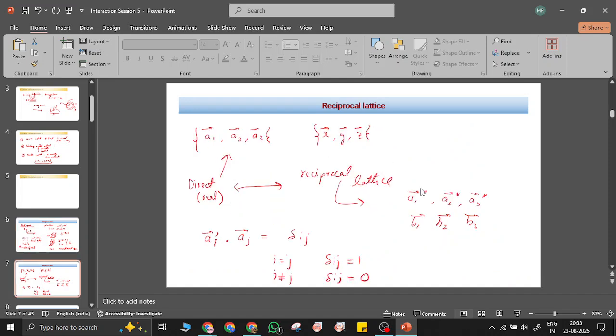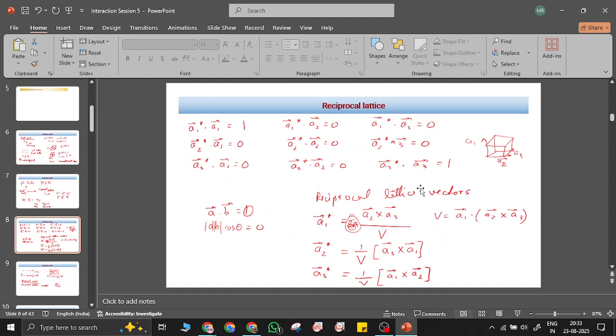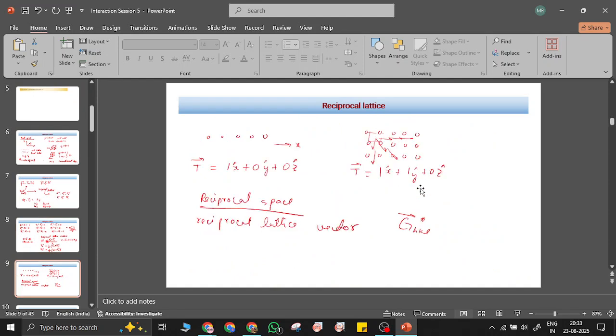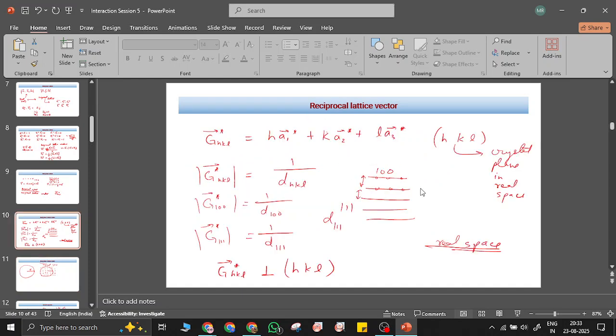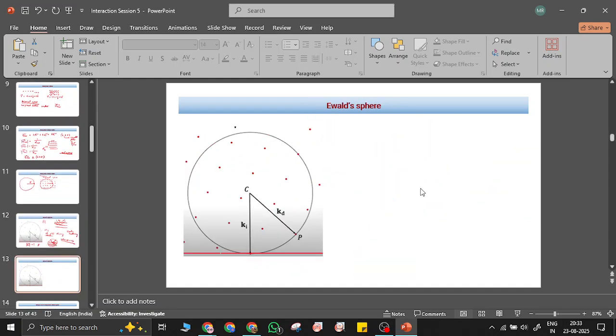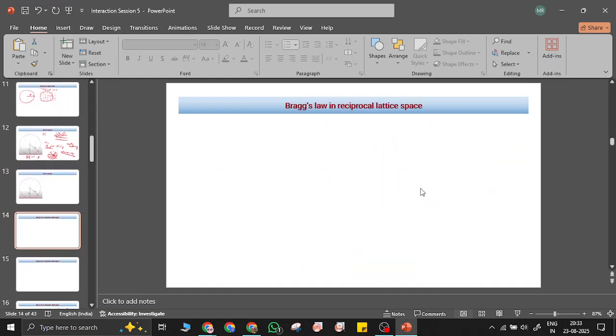They are related, and we defined how we calculate the reciprocal lattice vector. We also saw what is Ewald's sphere, what is Bragg's law and reciprocal lattice space; this you can watch in the lecture, otherwise we didn't have much time.